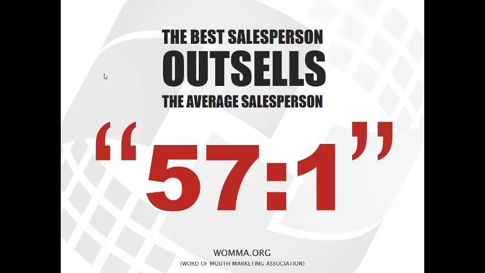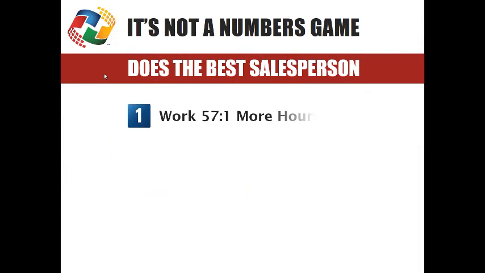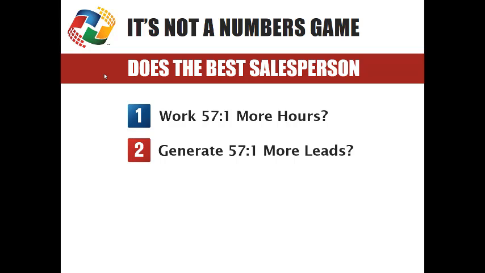So the best salesperson actually outsells the average salesperson 57-1. That's huge. That's why they make so much money, but it's fairly rare that this is the case. This is according to the Word of Mouth Marketing Association. So do you think the best salesperson works 57 times more hours than the other people?